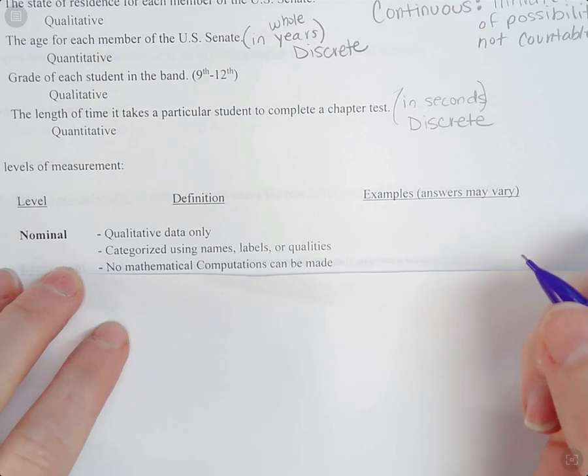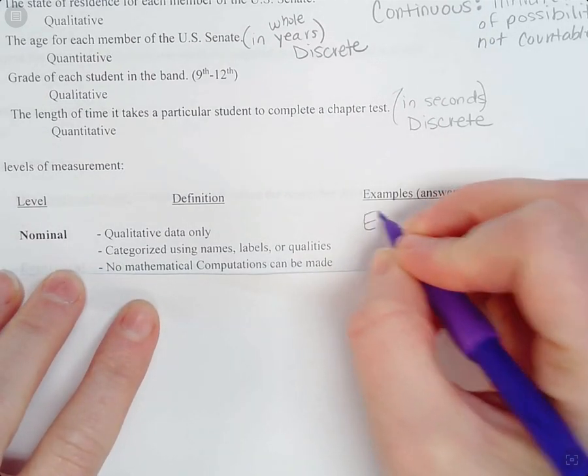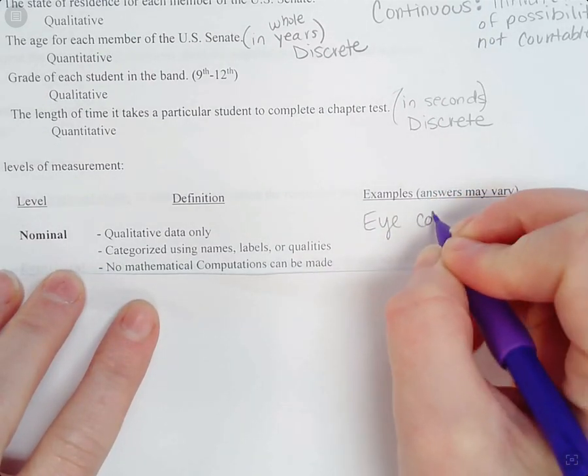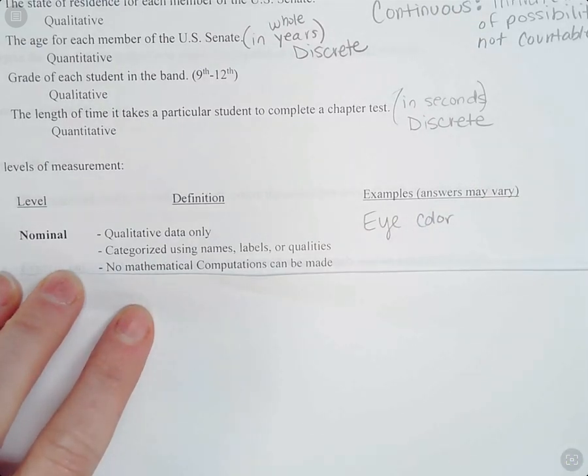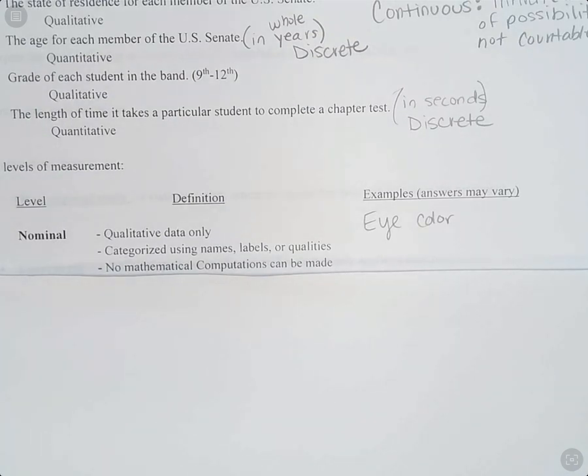Okay, I'll give you one of them. Eye color. We could find out everybody's eye color. What would be another category that we could survey about or find out information?